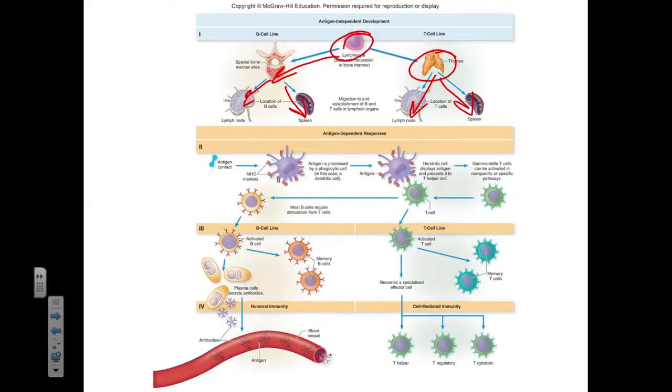Our antigen-dependent responses of our lymphocytes can be summarized on this slide, where if we take our B cell and expose it to an activated T cell that's been activated for that specific antigen, the B cell becomes activated. But how does the T cell get activated?